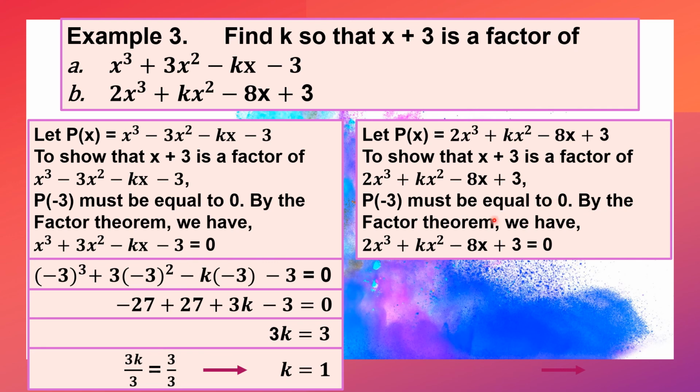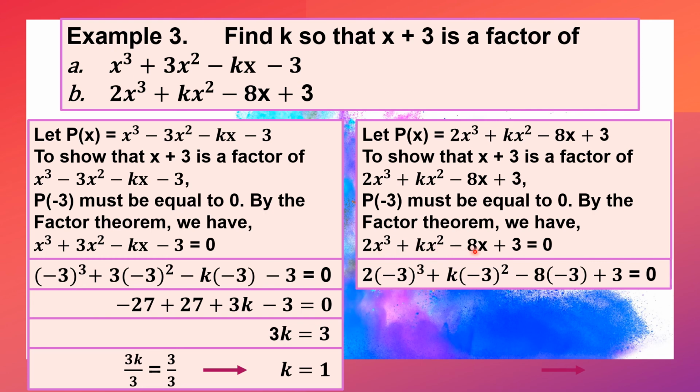So by the factor theorem, we have 2x cubed plus kx squared minus 8x plus 3 equals 0. So, we equate our P of x to 0 by the factor theorem.